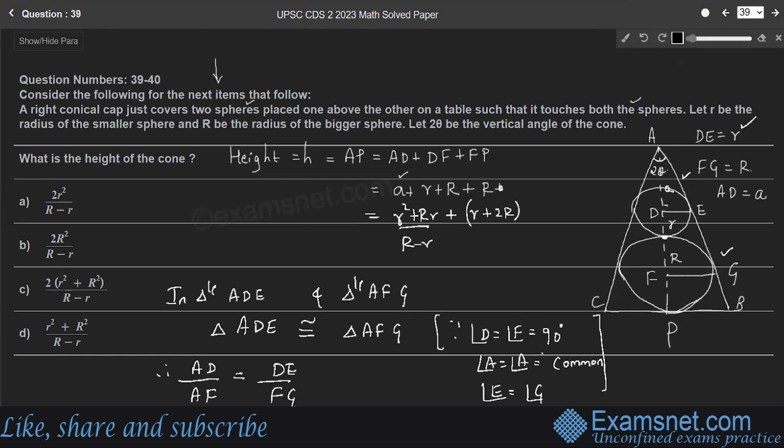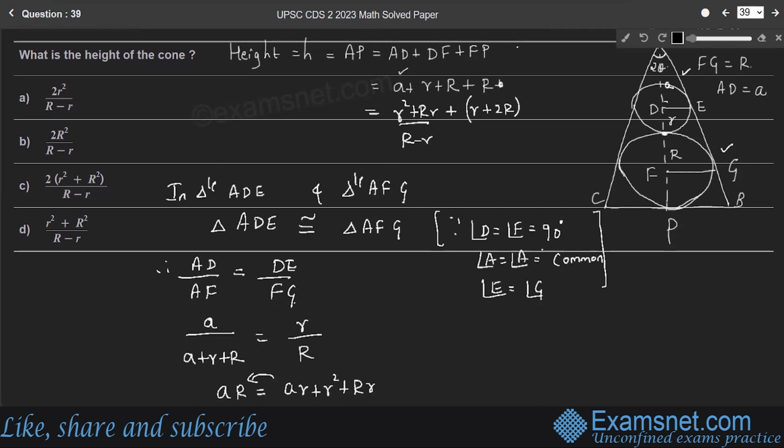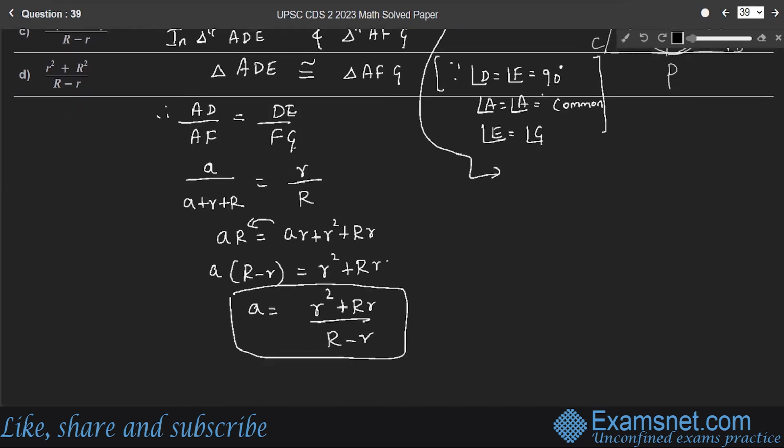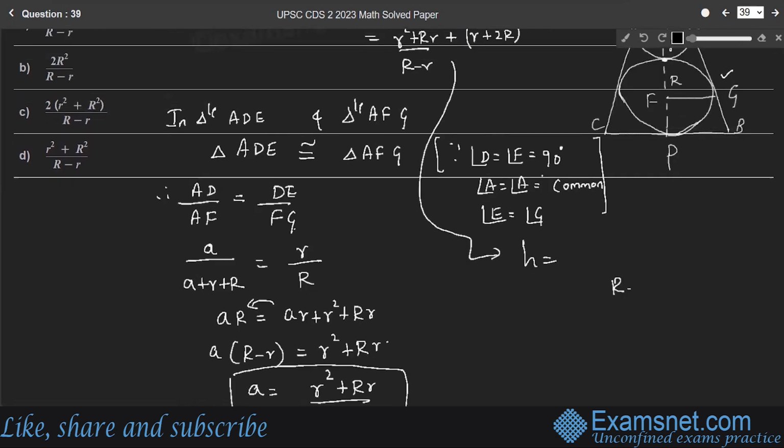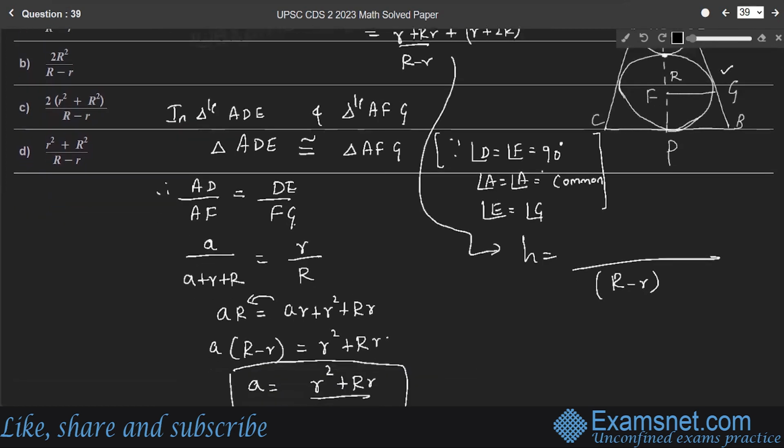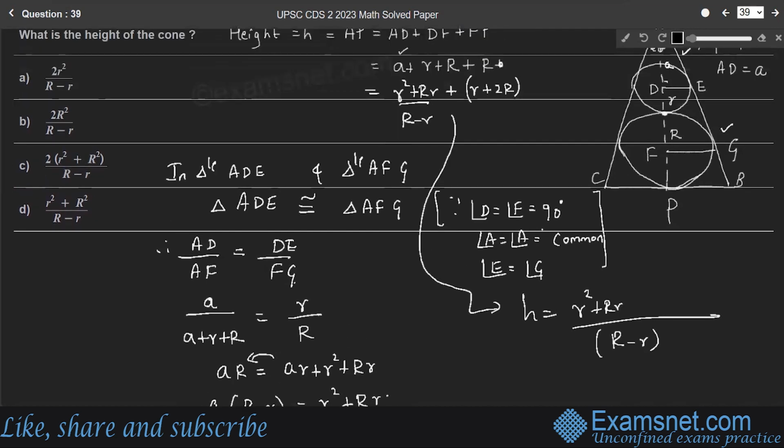So here the simplification part I'll take. H is equal to, since R minus r is the LCM, the numerator becomes r squared plus Rr plus r plus 2R into R minus r.